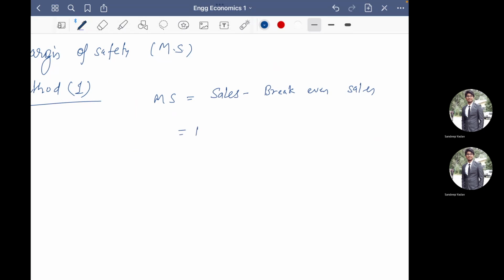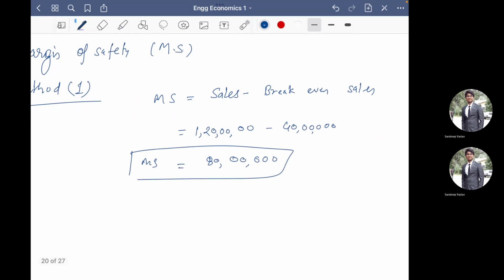As we have calculated, sales is 1 crore 20 lakh, minus break even sales of 40 lakh rupees. Now we can say MS will be 80 lakhs. That is from method 1.